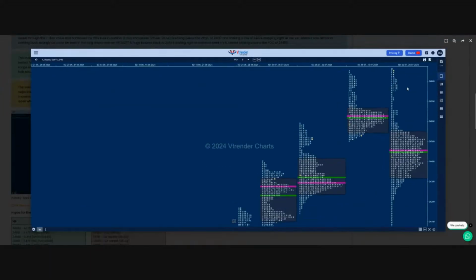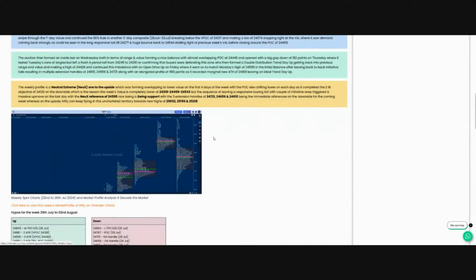So what were the references which we had from the neutral extreme? The value definitely was a balanced one, so that would have been a zone to watch, but the immediate references were the extension handles of 24721, 24656 and 24610.